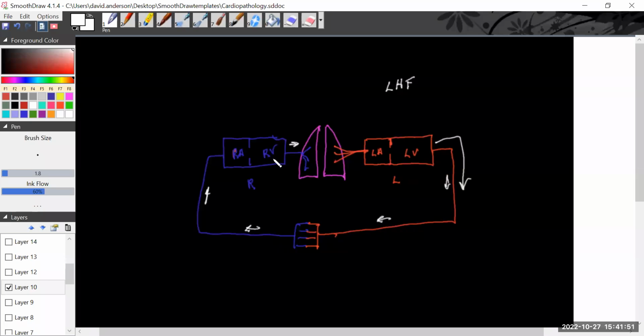When we leave the right chamber, forward effects are going to go towards the lungs. When we leave the left chamber, forward effects are going into the systemic circulation. If we talk about backward effects from the left side of the heart, they go to the lungs. Backward effects from the right side of the heart go into the systemic circulation.